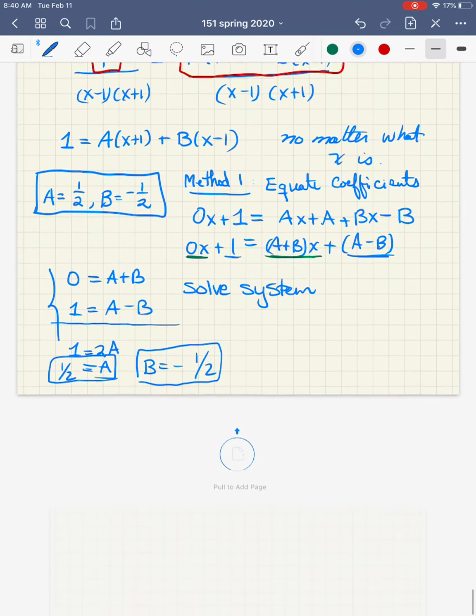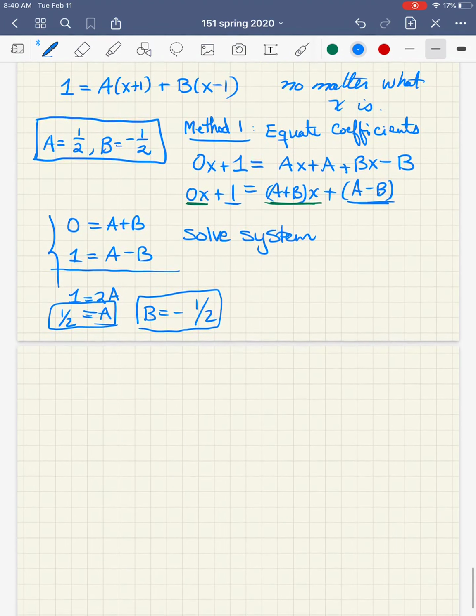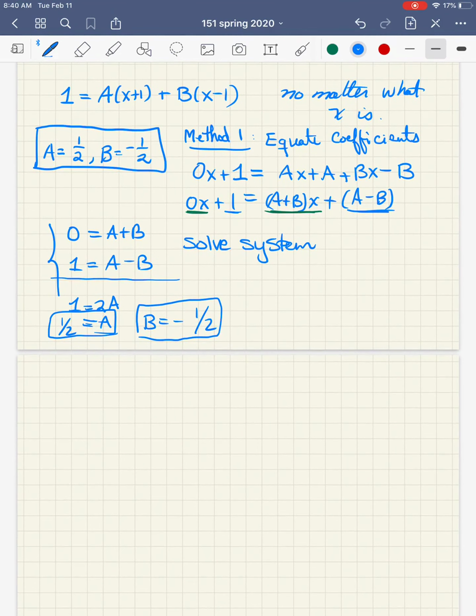So now let's do method 2. We have our same equation, so let's write it again: 1 equals a times x plus 1 plus b times x minus 1. Maybe you like method 2 a little bit better. Method 2 says, well, I know this equation has to be true no matter what x is, and so I could just try some different values of x.